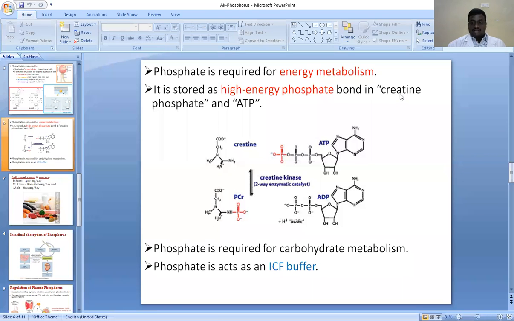When energy is required by our body, the phosphate group is separated from the creatine, and then it participates in the metabolic reactions to proceed and produce energy. So these are the high energy phosphates, containing phosphate ions. Here is the formation of creatine phosphate.